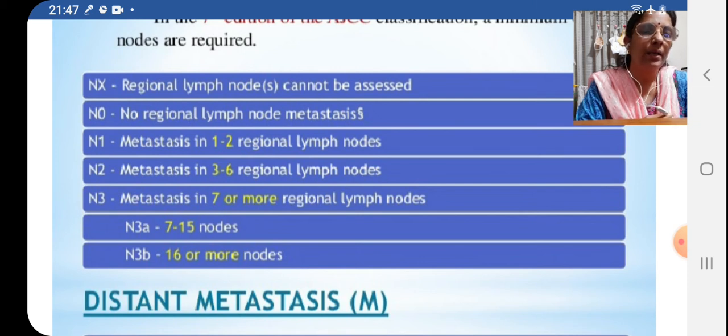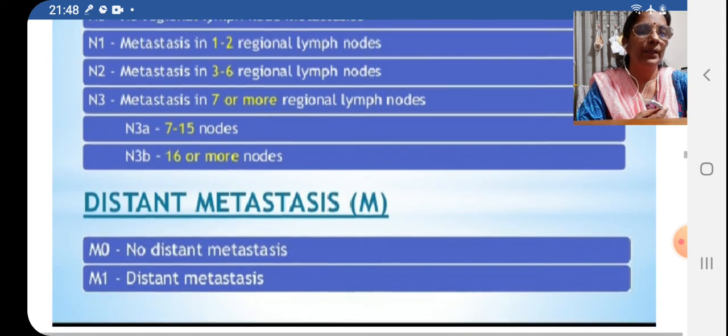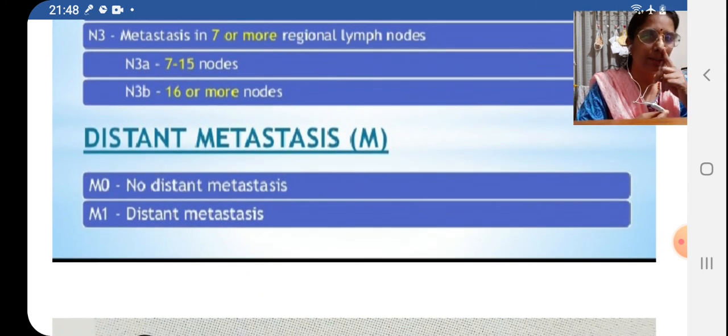N3B means close to the aorta, the nodes along the course of the aorta, that is N3B. Then about the M, distant metastasis. Whenever there is metastasis to the distant organs, then we will call it M1.